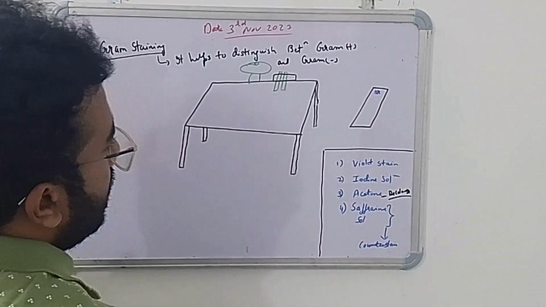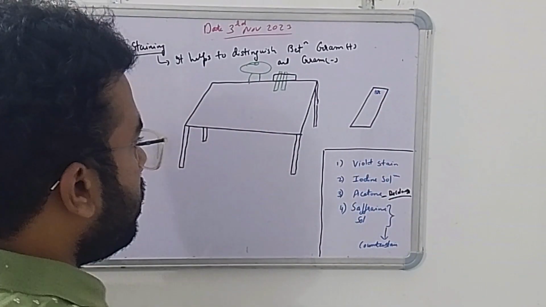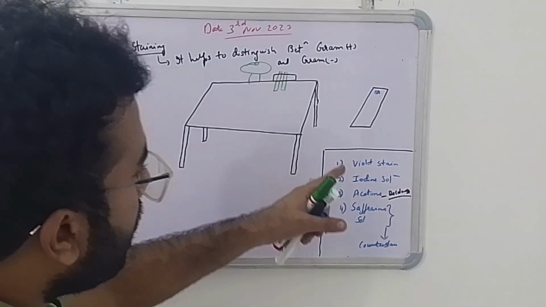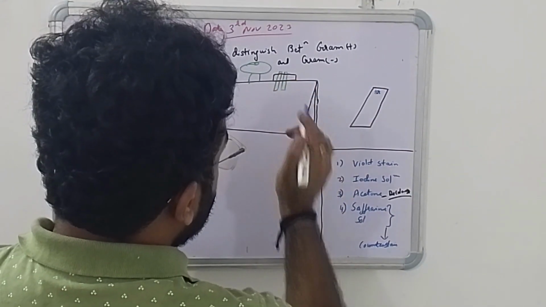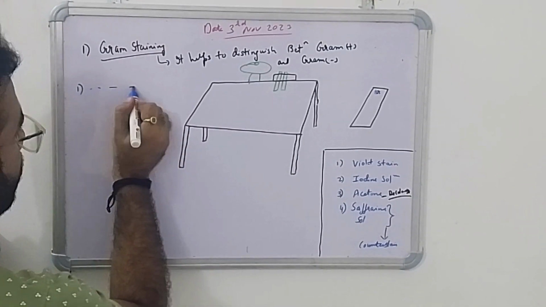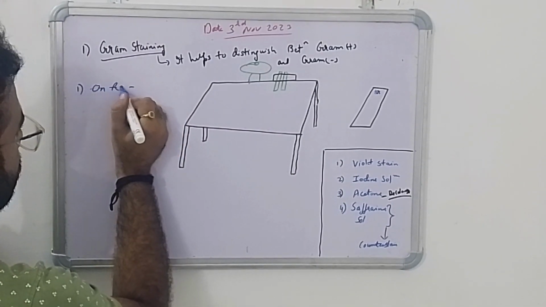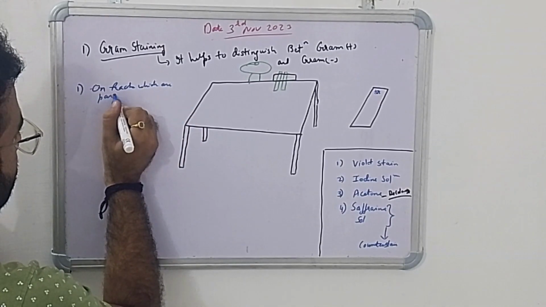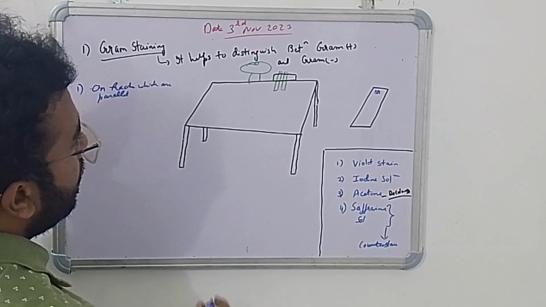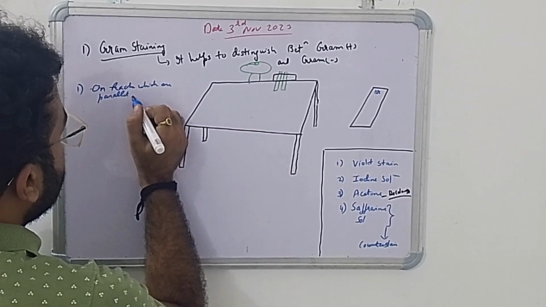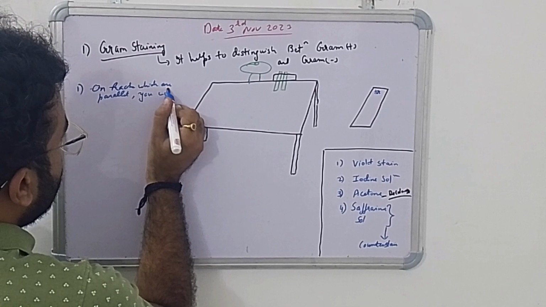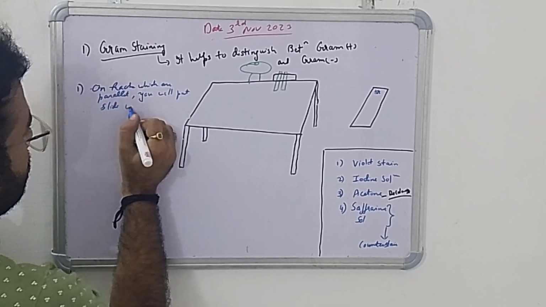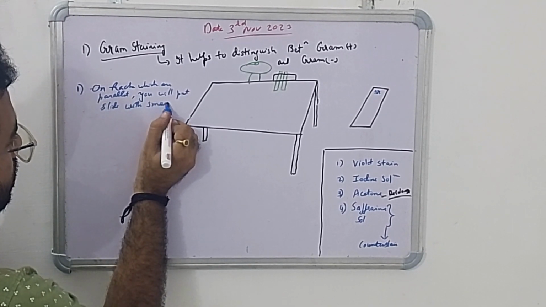The first procedure you will perform is to put this slide onto the rack, which has parallel bars, with the smear at one end.